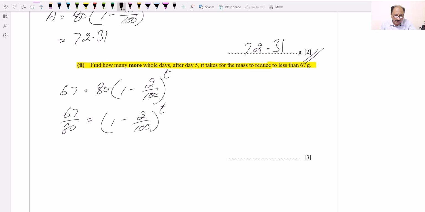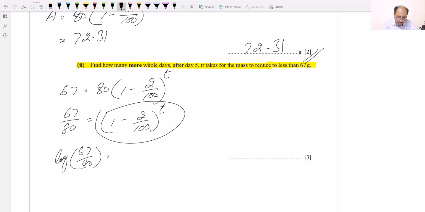And now we can calculate this by taking log. We will be taking log on both sides. Log of 67 over 80 will be equal to log of this portion, so the power will be taken first, so t log of 1 minus 2 over 100.